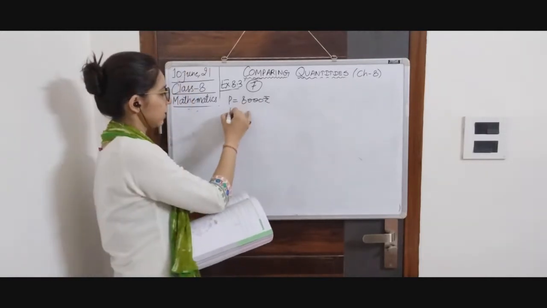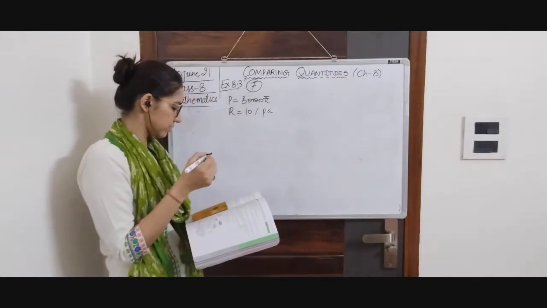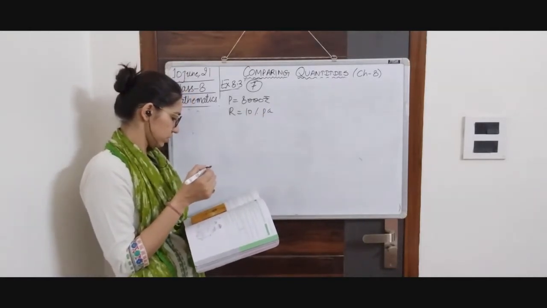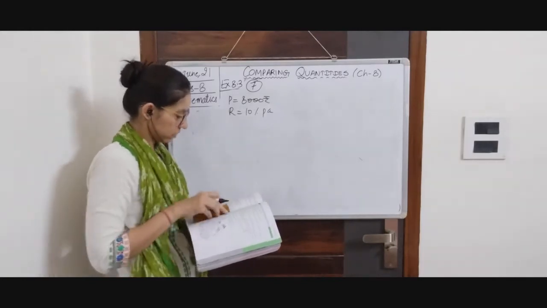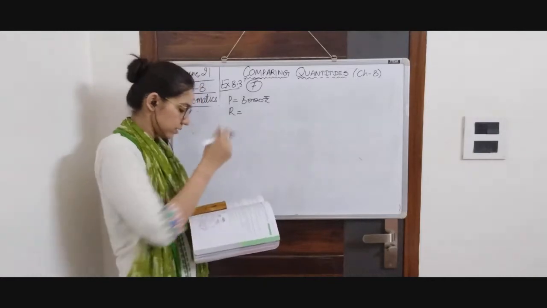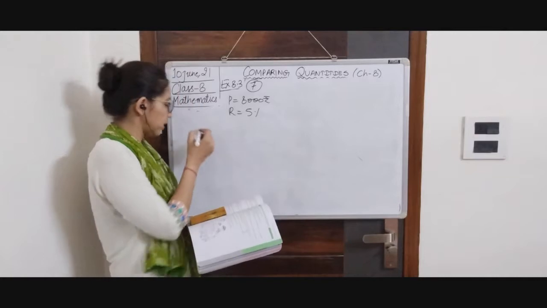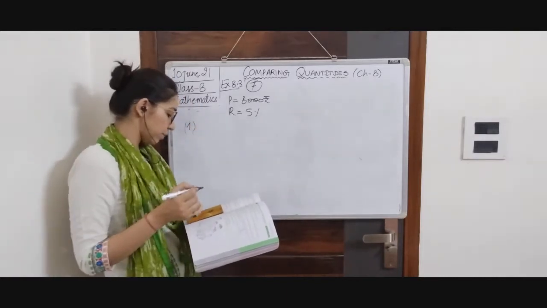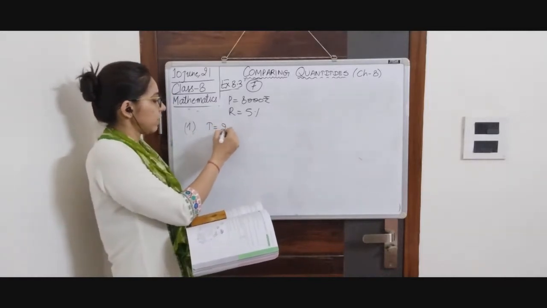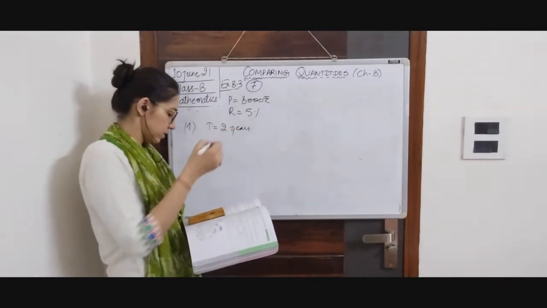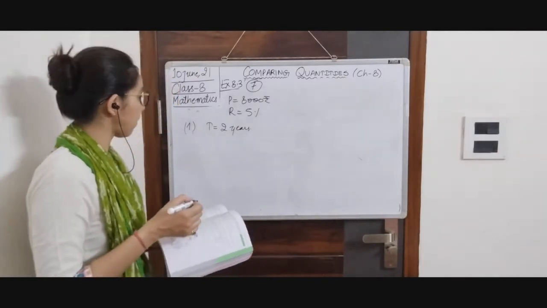If rate of interest R is 5% per annum, compounded annually, find first the amount credited against her name at the end of second year. If time is 2 years, we have to find the amount.